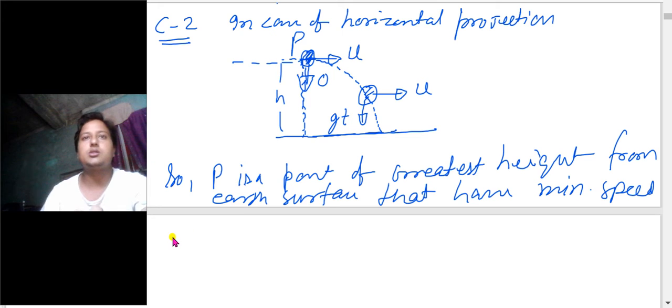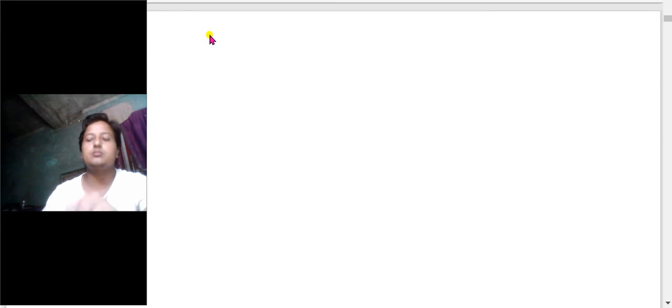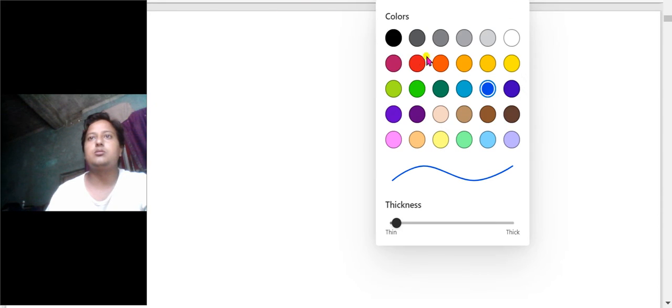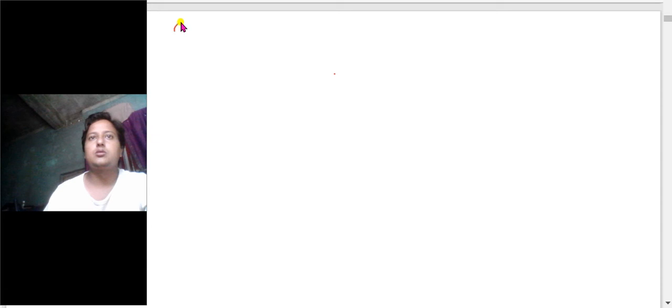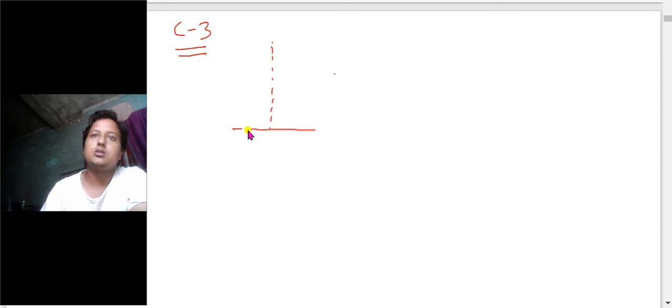Now in case third, suppose we are projecting a body from a tower making an angle theta upward with a speed u.